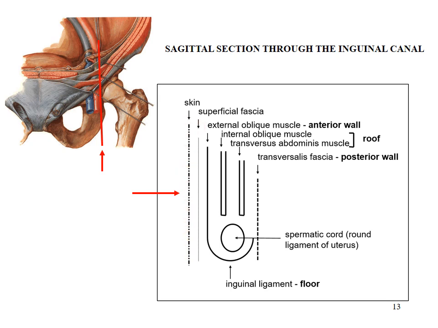First is the skin, then superficial fascia, then the external abdominal oblique muscle aponeurosis. This is its anterior wall. The floor is the inguinal ligament. The roof is the internal abdominal oblique and transversus abdominis muscle, and the posterior wall is the transversalis fascia.